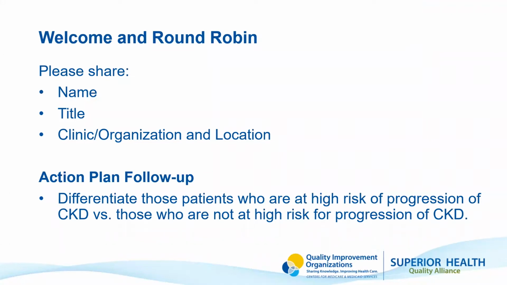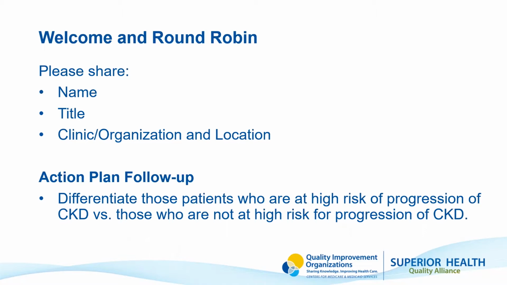So today we're going to begin with looking at our action plan follow-up, and we will share in the chat our names, titles, our clinic organization, and location. Today's action plan follow-up is to differentiate those patients who are at a high risk of progression of CKD versus those who are not at high risk for progression of CKD.